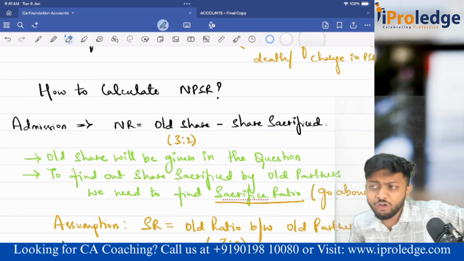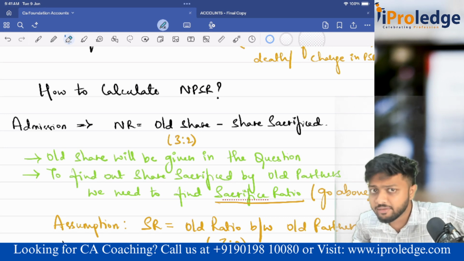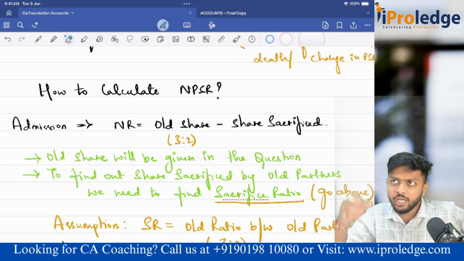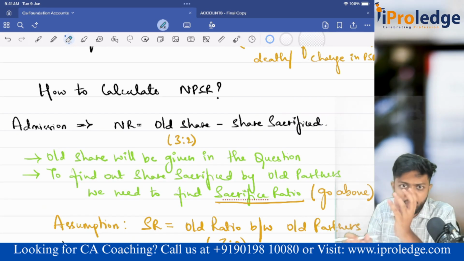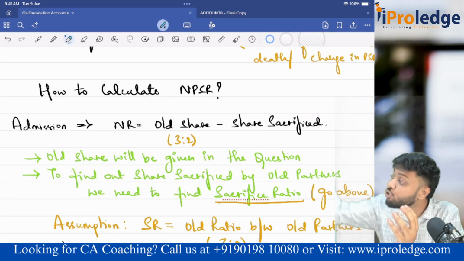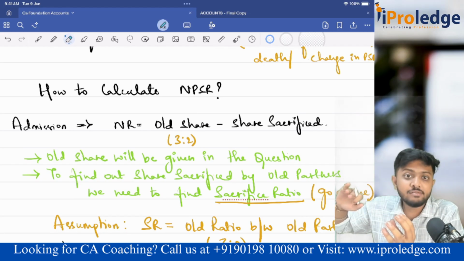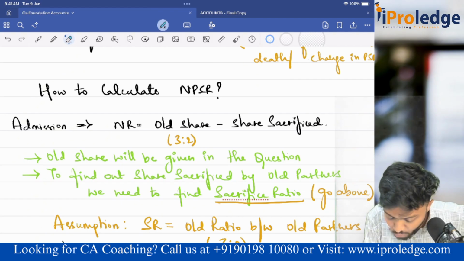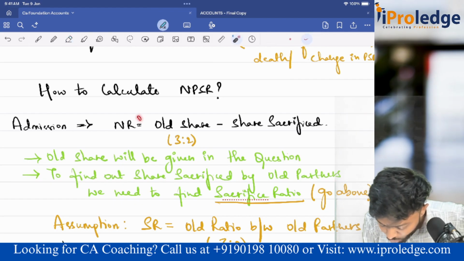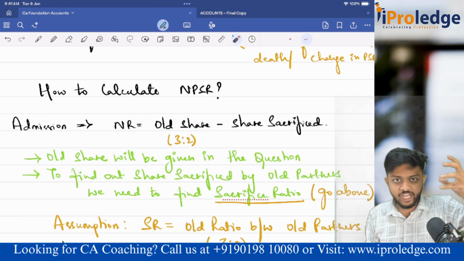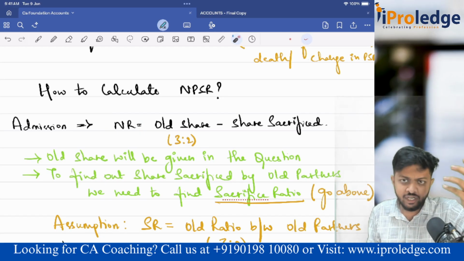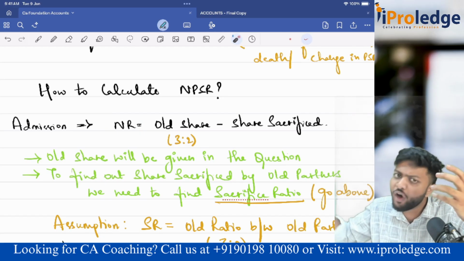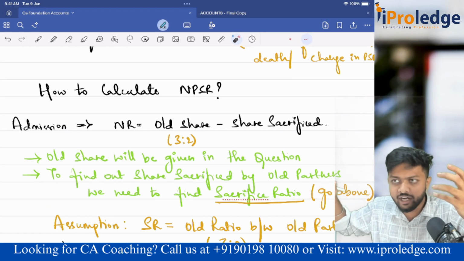Then how will you find out their new share, that is after admission? Their existing share, whatever is there, that you take, which is old ratio, minus how much they have sacrificed for the new partner, that you subtract. Simple, no? So that's why I have written new ratio is equal to old share which they had before admission minus how much ever they have sacrificed for the new admitting partner.